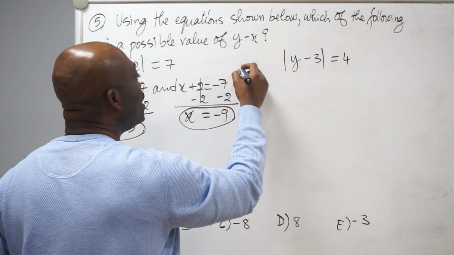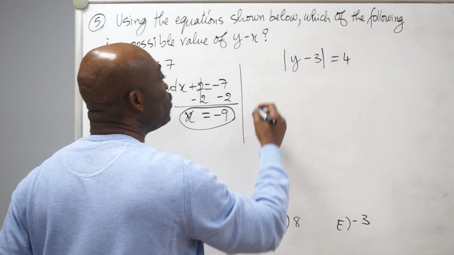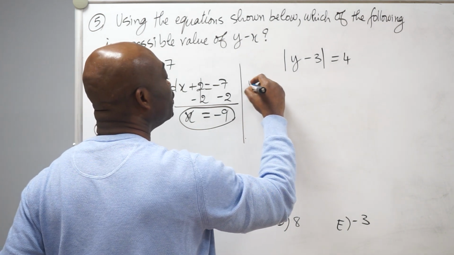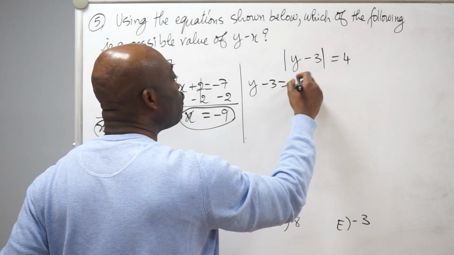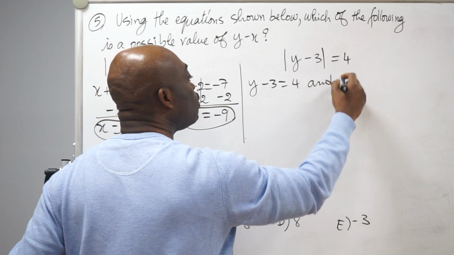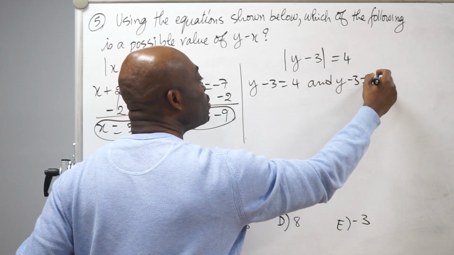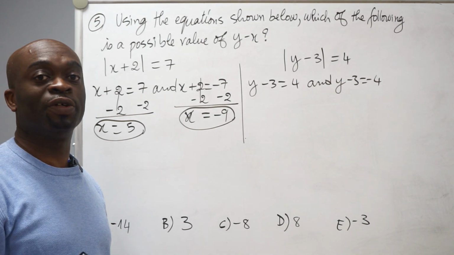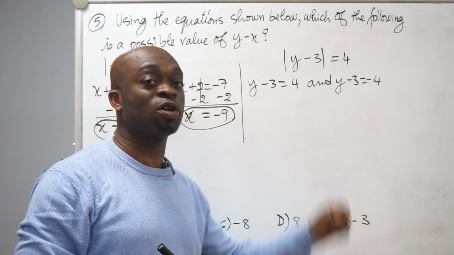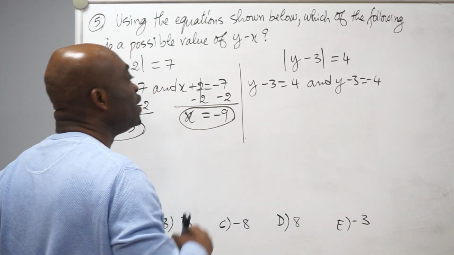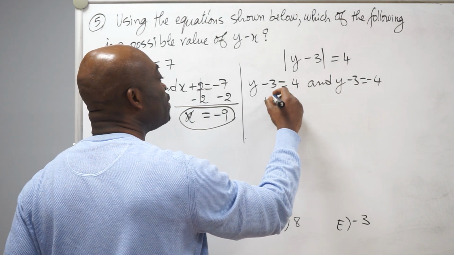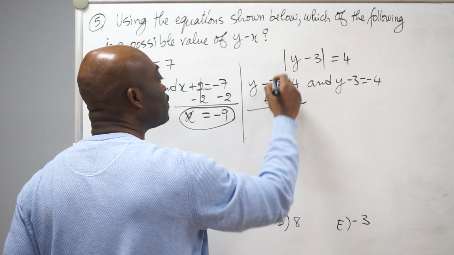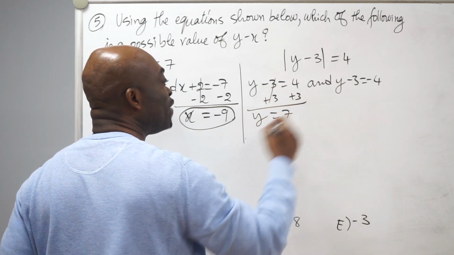Then we come in here. So we have y minus 3 equals 4, and y minus 3 equals negative 4. All right? Those are the two possible equations that we're going to solve for here. This one is going to be plus 3, so y equals 7.